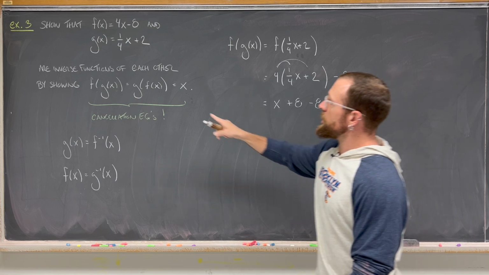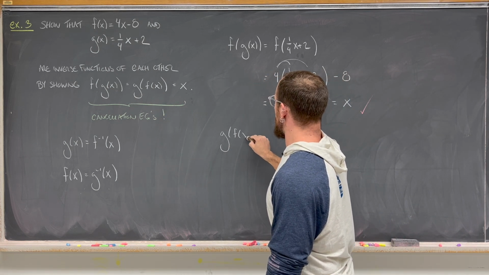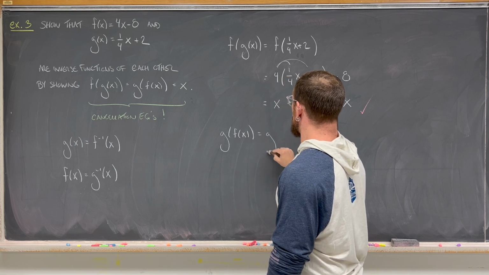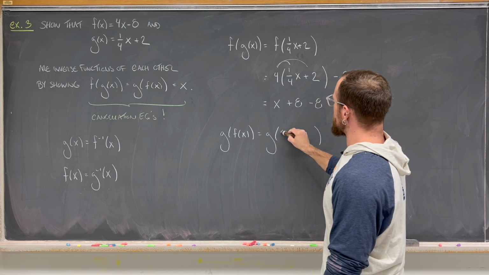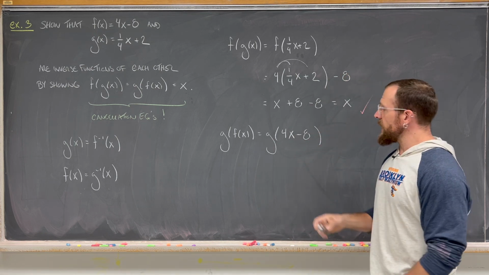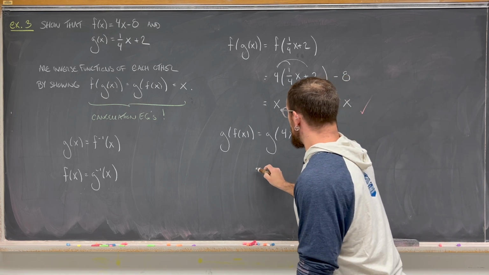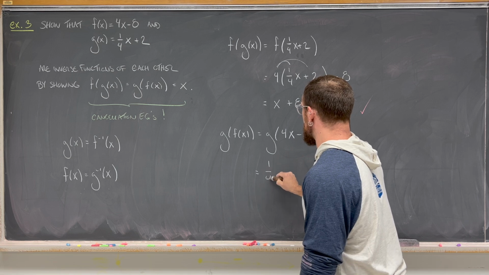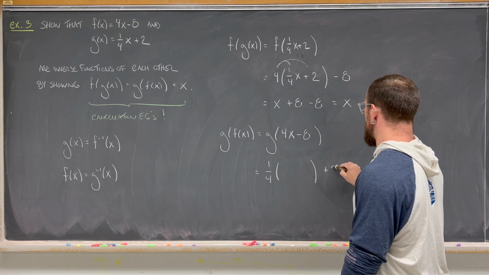Let's see, what is g of f of x? g of f of x, well, that's g of something. It's g of 4x minus 8. So I have to input the expression 4x minus 8 into g. g is this function that takes its input and multiplies it by 1/4 and then adds 2 to that.